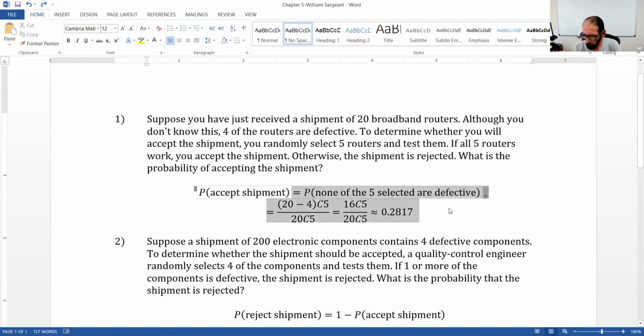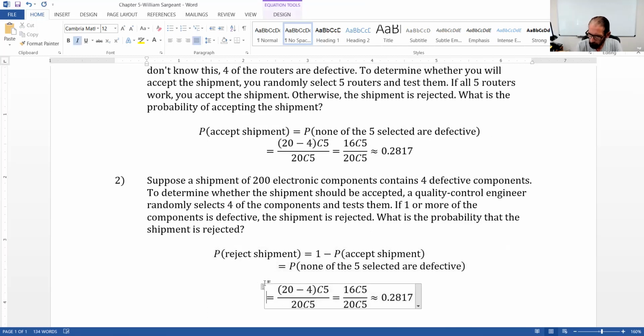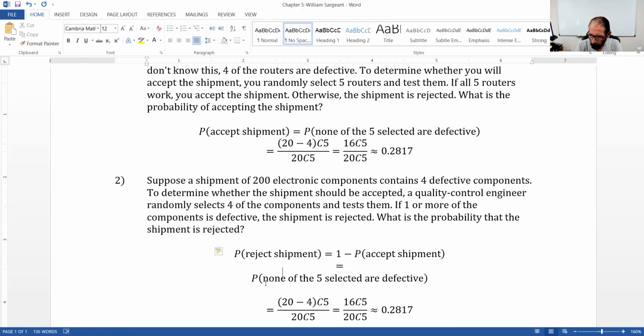So I'm going to do a little copy and paste here and change where appropriate. So let's see here. 1 minus, none of the 4 are defective.